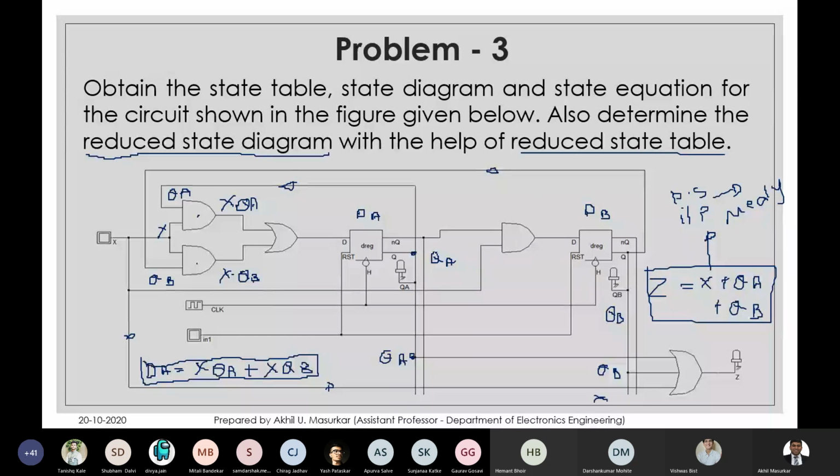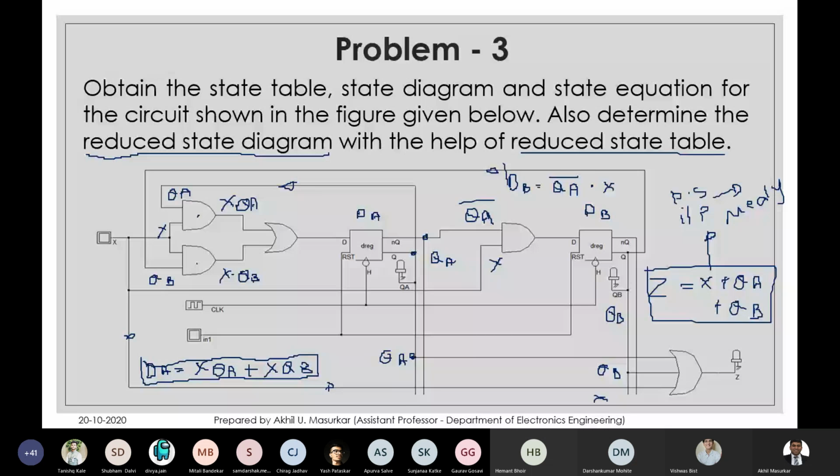And DB. This term is QA bar, and here we are having X directly. So DB is QA bar dot X. So we get these three equations.